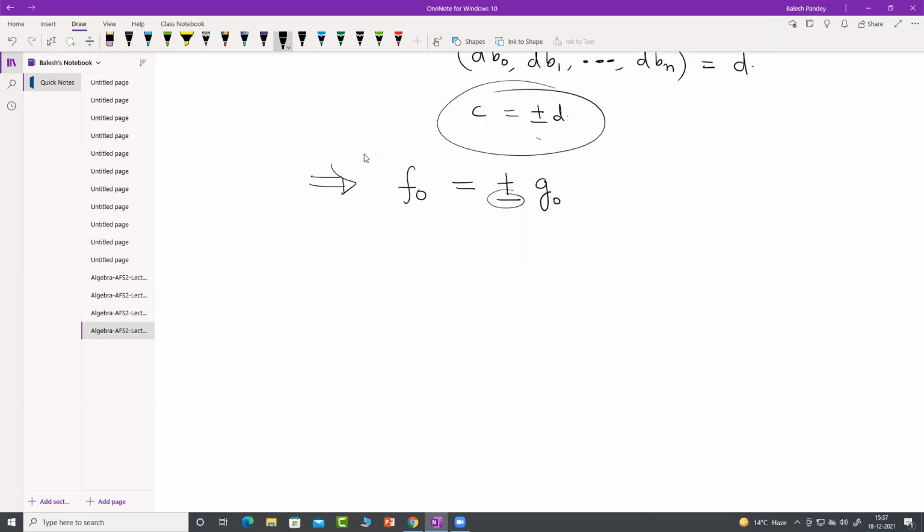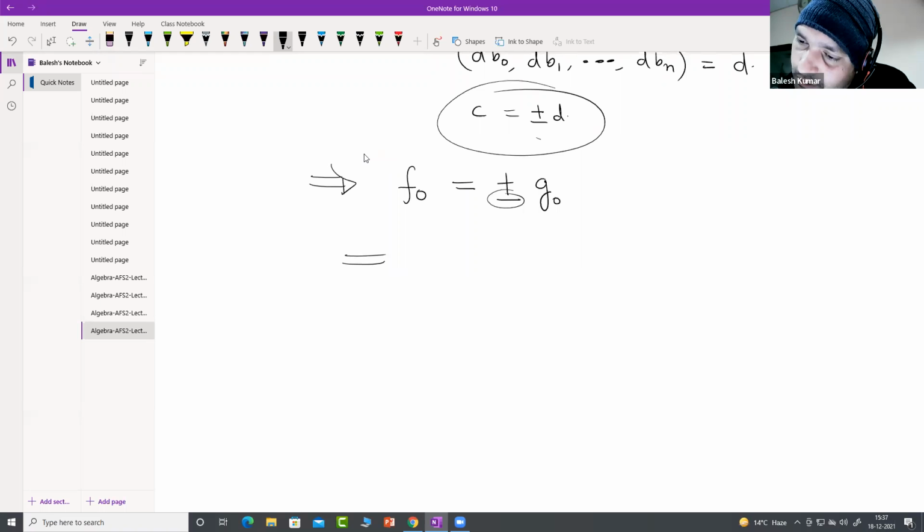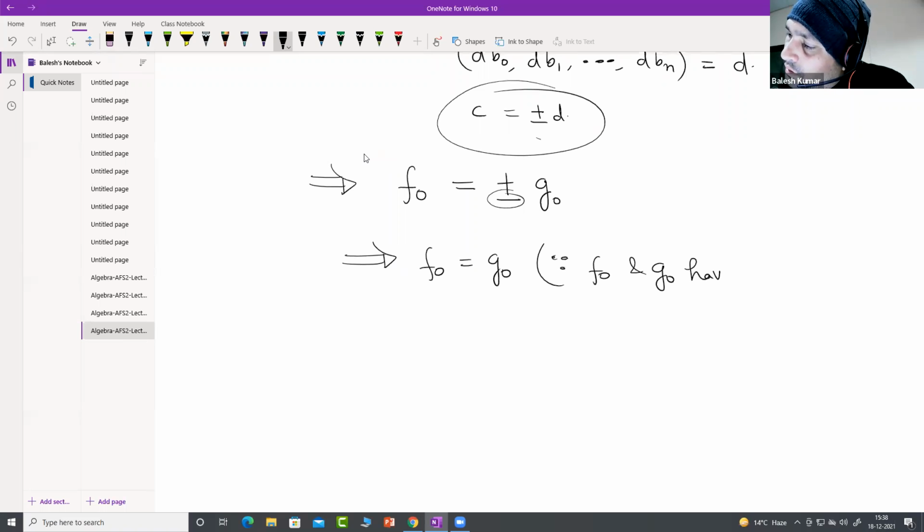f0 and g0 have positive leading coefficient. Since f0 and z0 both are primitive, by the very definition of primitiveness the leading coefficient of both of them is positive, and so they have to be the same. Otherwise, one would have a positive coefficient and the other a negative coefficient. So this implies that f0 is equal to z0, since f0 and z0 have positive leading coefficient.